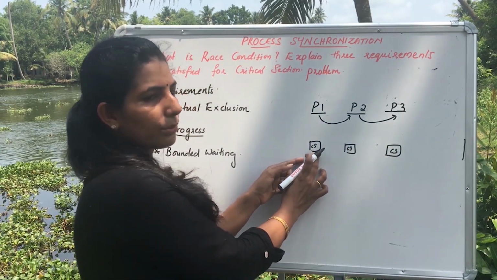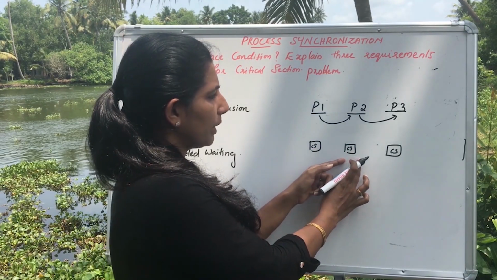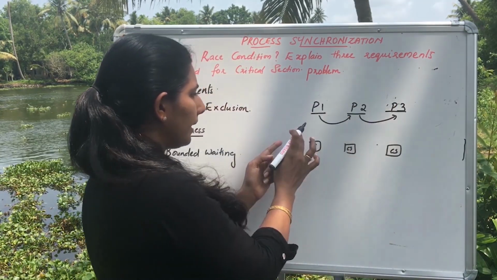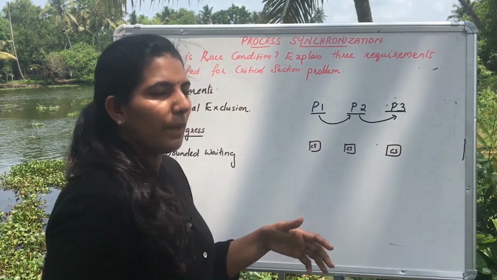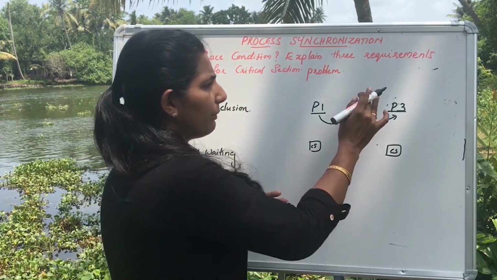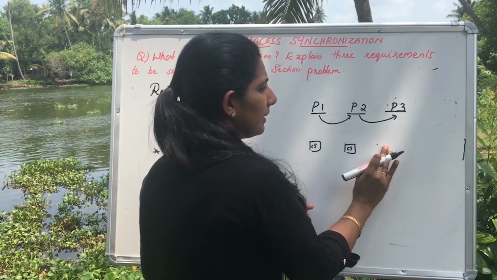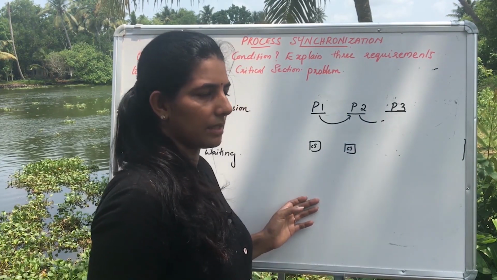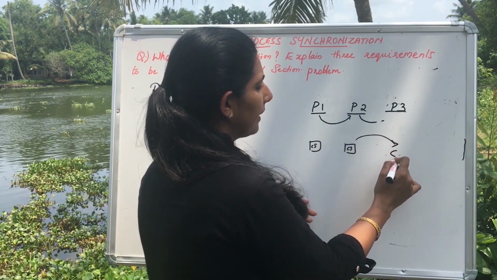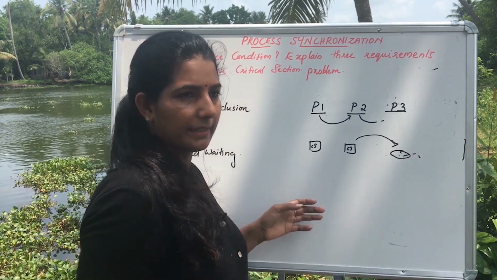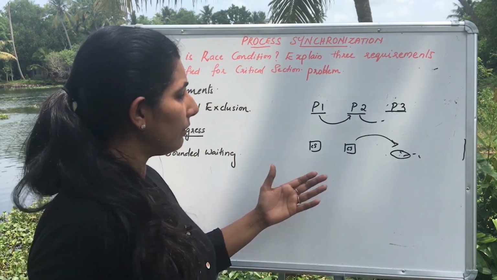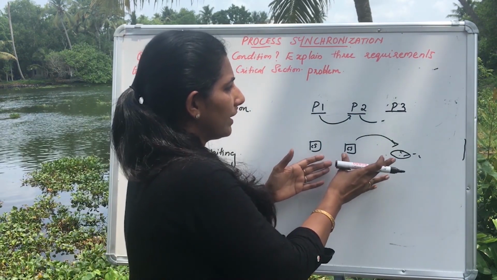First I give the chance to P1, then P2, then P3, again P1, P2, P3, where P3 does not need to enter into the critical section. Simply it is entering into the critical section and wasting its time. It lags over there. So here the progress is not happening.